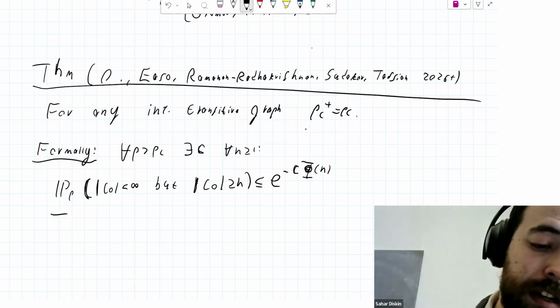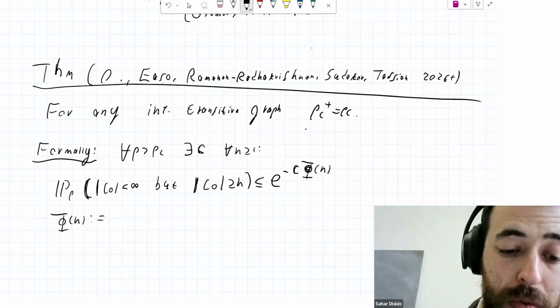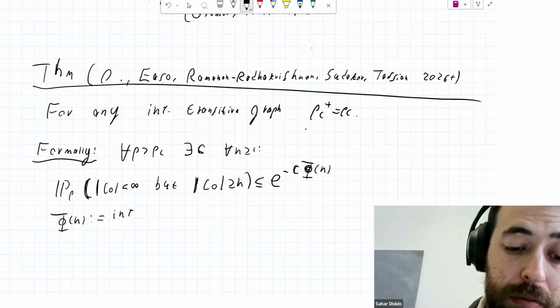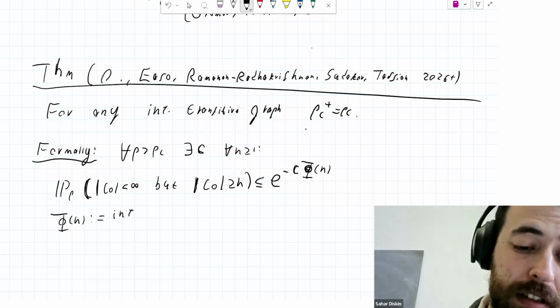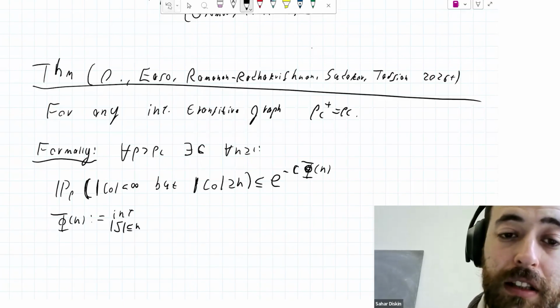So what is phi of n? This is what we call the isoperimetric function. So I need to take the infimum over all sets S of size at least n.